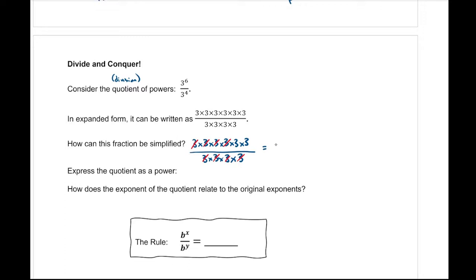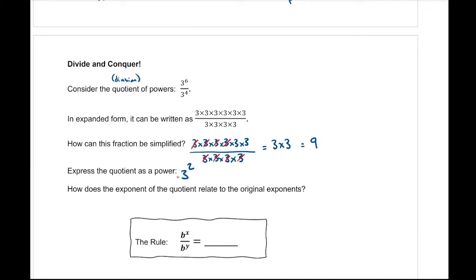This would leave me with 3 times 3, or 9. How can I write this answer that I just got as a power? Well, 3 times 3, that means the base is 3. It's multiplied by itself twice, which means we have an exponent of 2.